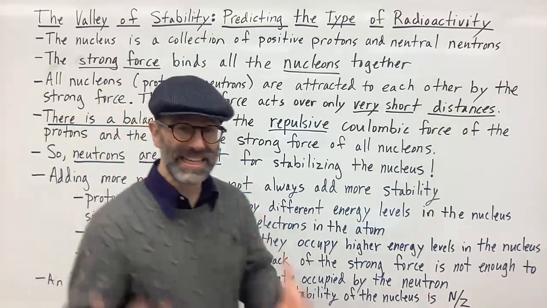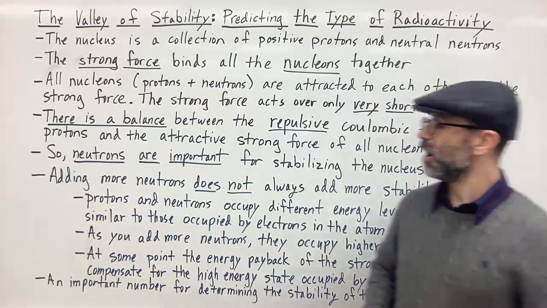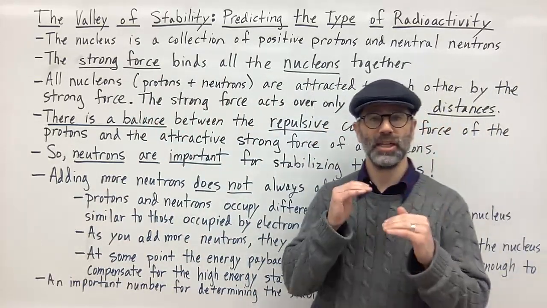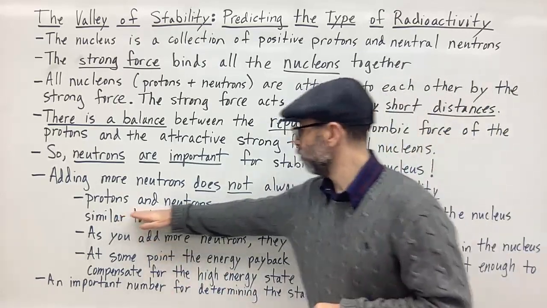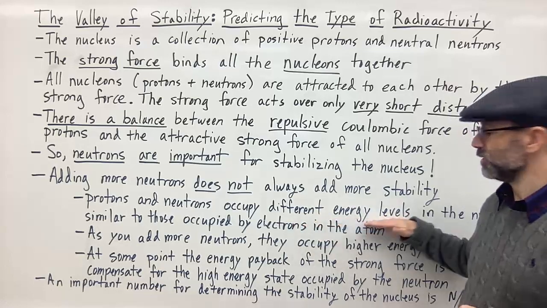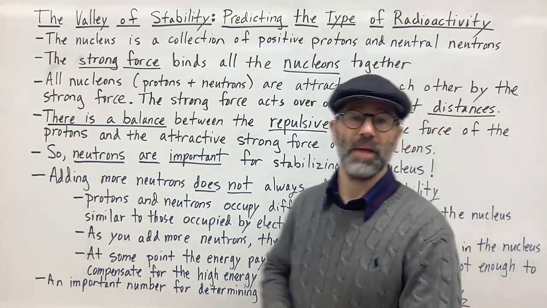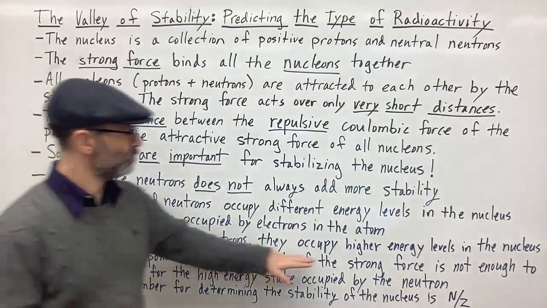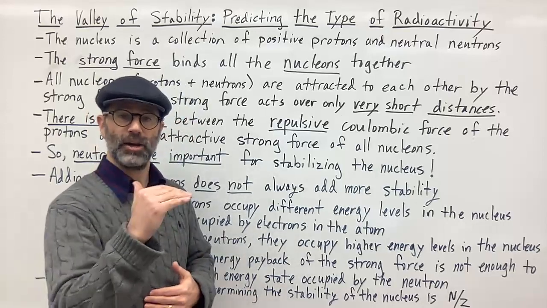Well, the very interesting thing that you may not have known is that just like the electrons occupying different energy levels in the atom, neutrons and protons occupy different energy levels in the nucleus. So as you add more neutrons, they're going to occupy higher and higher energy levels.